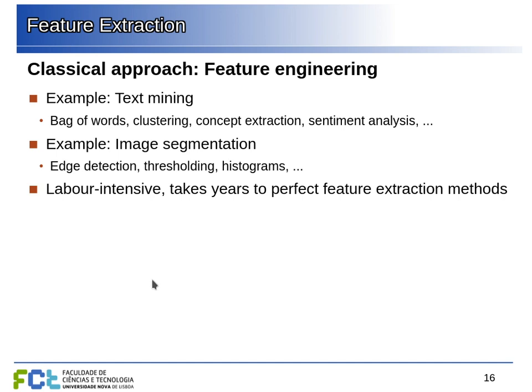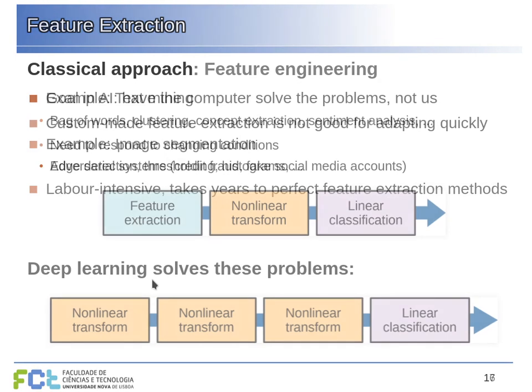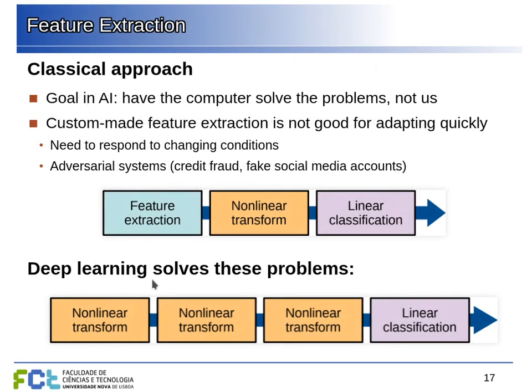So basically, these techniques are not only demanding for the humans, but also usually take a long time to perfect, to find out how to extract the useful features for any particular kind of problem. But the goal in artificial intelligence should be for the computer to solve these problems for us, and not having us trying to solve each individual problem.